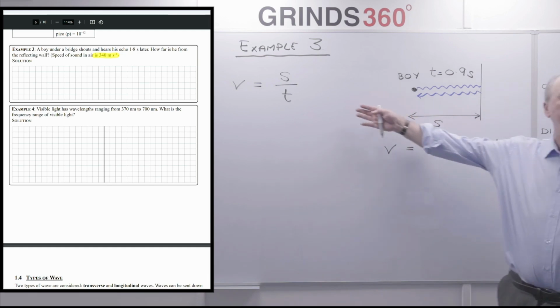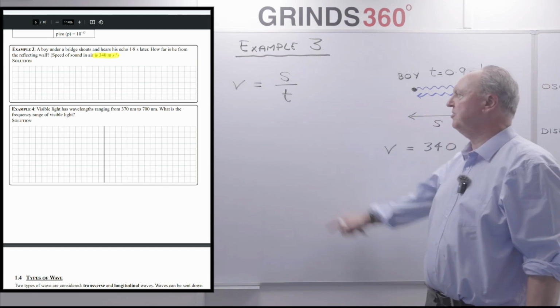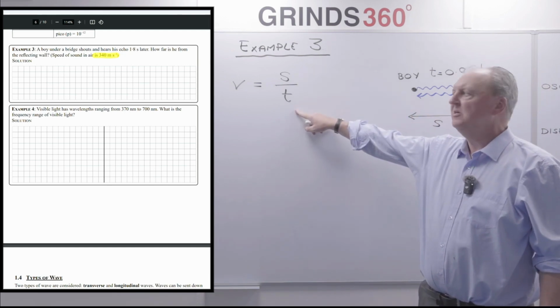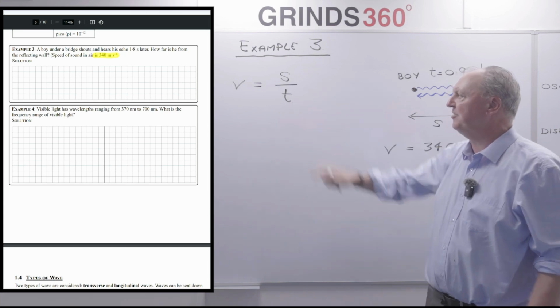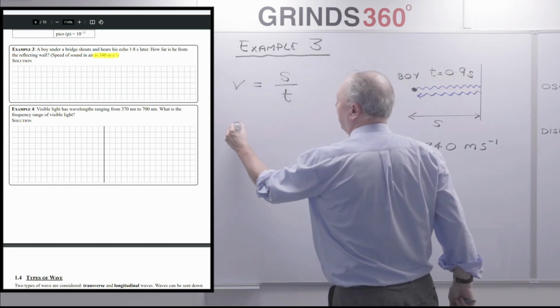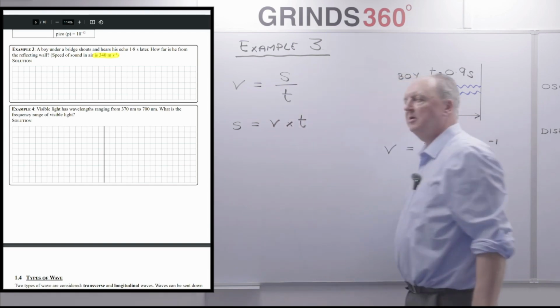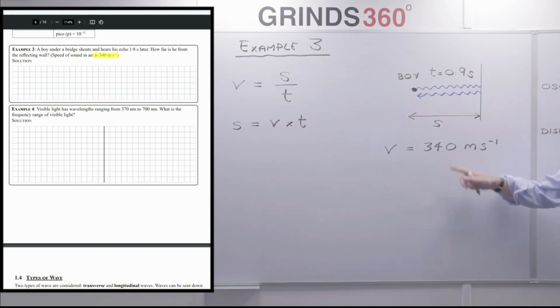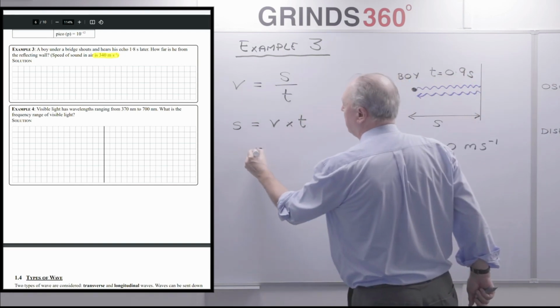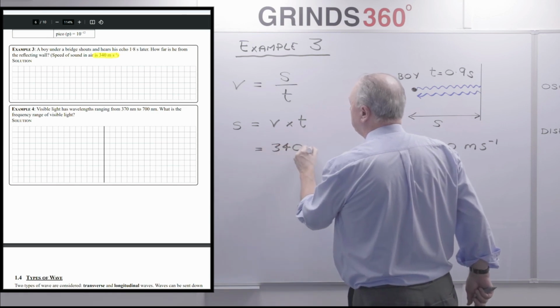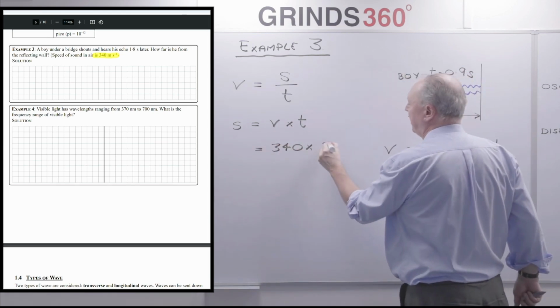So use your general formula for velocity or speed. I want to manipulate that to write it in terms of s. Slide the t up to the v, so I get s is equal to v times t. So put my numbers in. Velocity is 340. Time is 0.9 of a second.